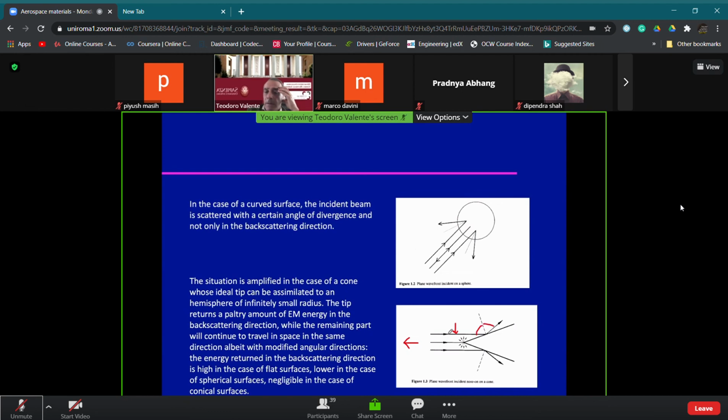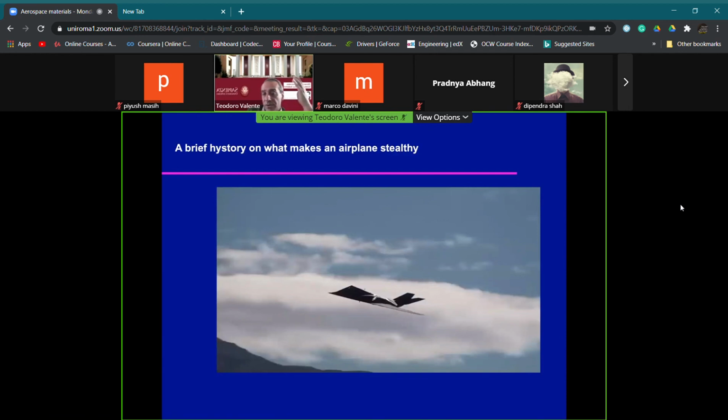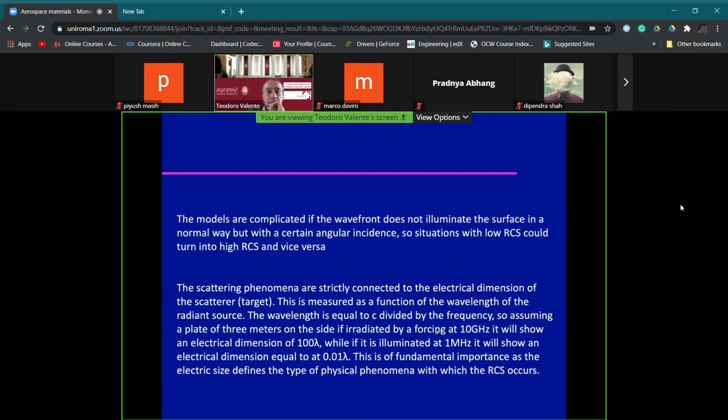And so the part of the energy which is reflected is reflected here, not in the backscattering direction. And this explains the first experiments, the first solutions, such as the F-117 fighters, which is the reason for all that special shape.